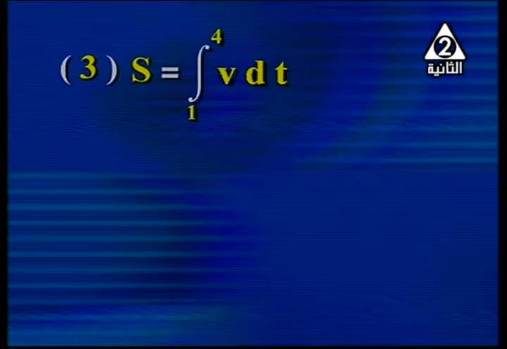When we find S, the distance or displacement from t equals 1 to 4, we use integration of velocity with respect to the time t. S equals the integral from 1 to 4 of v dt.